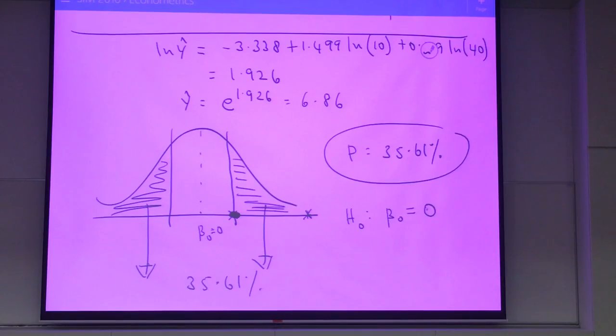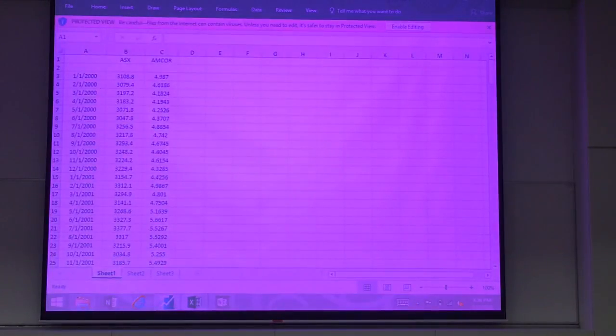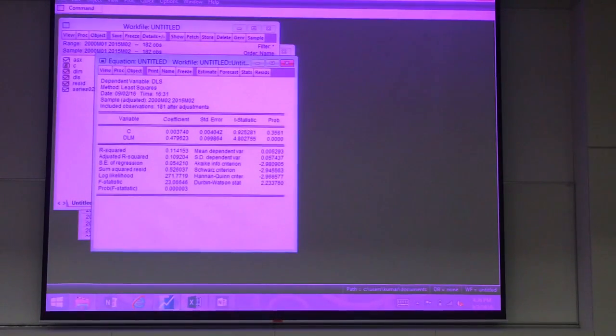Okay, cannot be rejected. So answer based on the probability values saying that the null hypothesis beta 0 is equal to 0 cannot be rejected. Therefore, the intercept is not significantly different from 0.